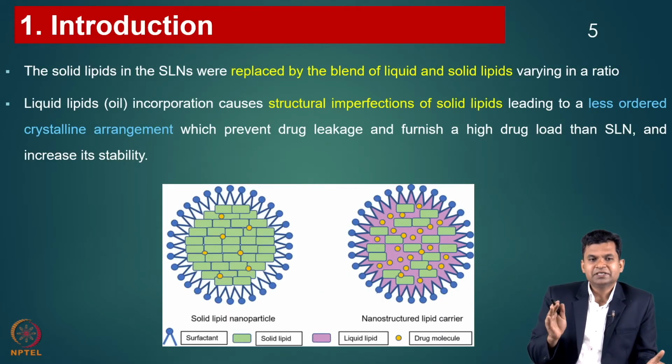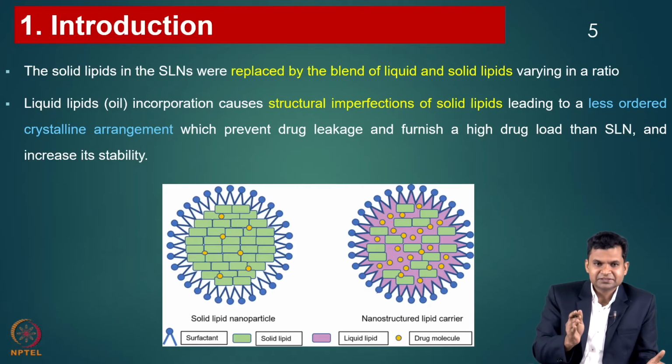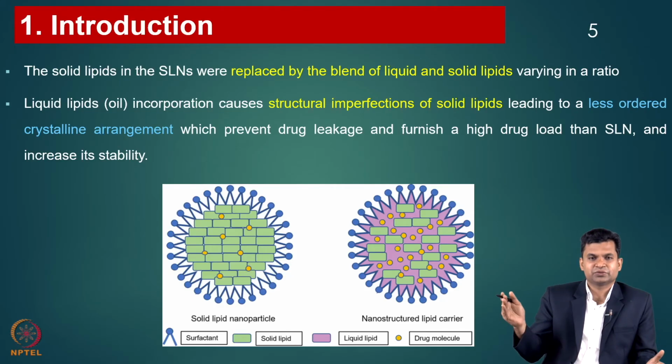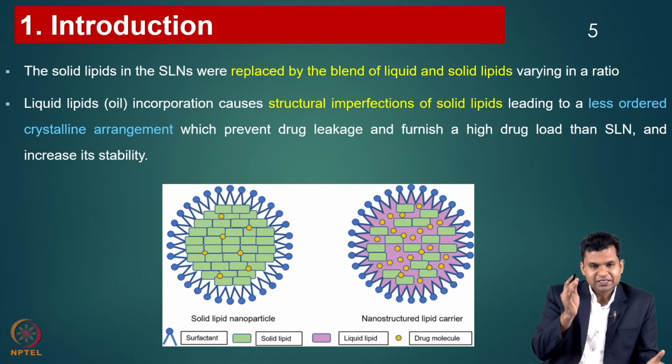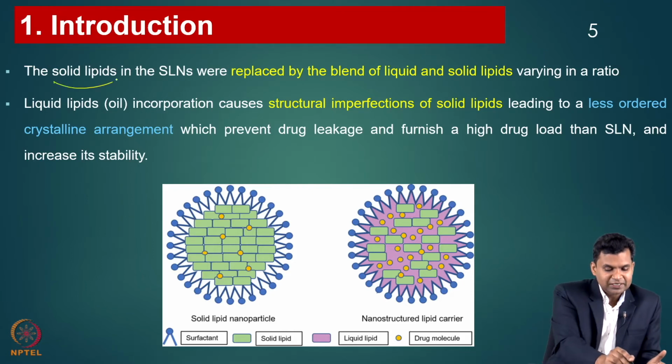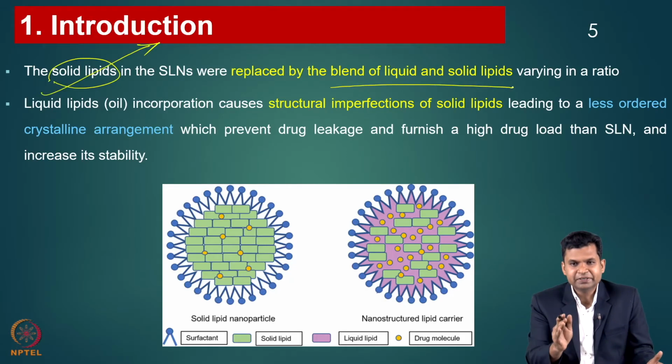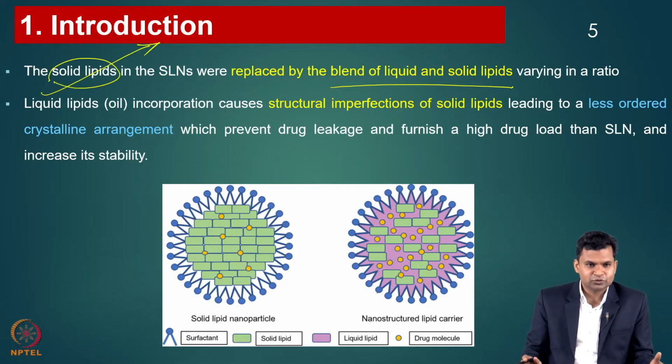So solid lipids in the SLNs were replaced by a blend of liquid and solid lipids in various ratios. It goes from 70 to 30 percent. So here, in the SLN, these solid lipids are replaced by combinations of liquid lipids and solid lipids along with your active molecules.